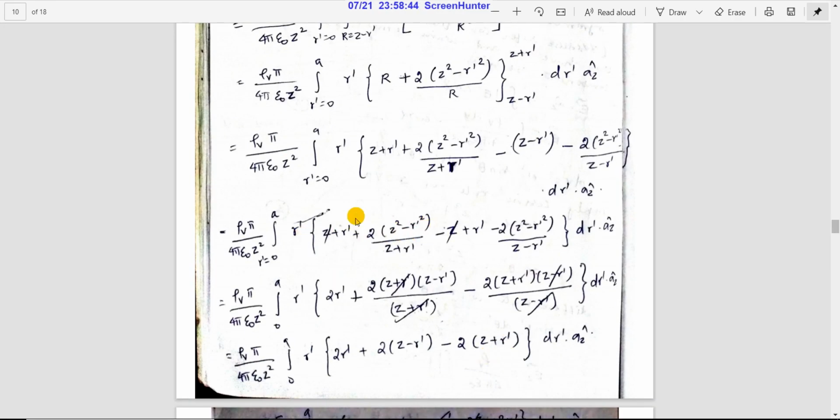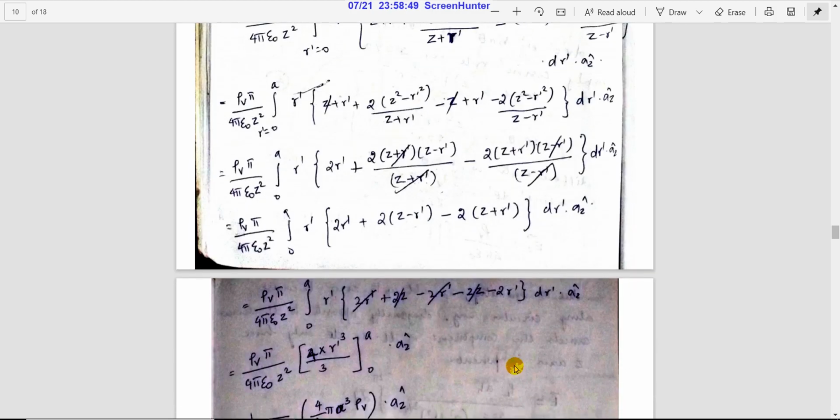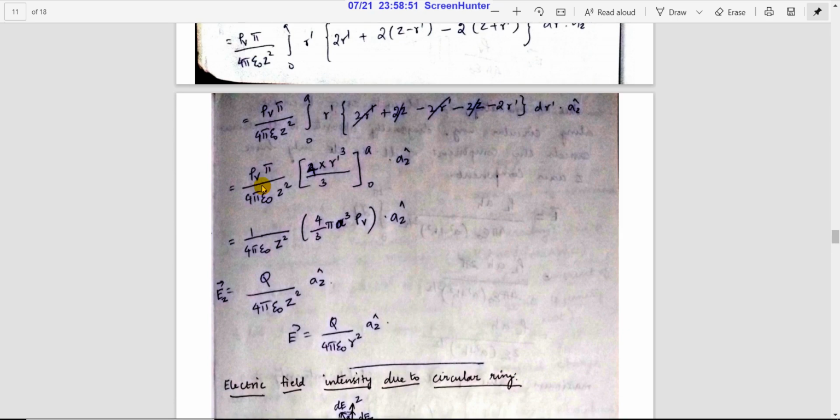After that, if you just rearrange and cancel the values, you will be getting the answer as rho v pi divided by 4 pi epsilon naught z square, 4 into r dash cube divided by 3. So your limits are going to apply from 0 to a. And if you just rearrange, you will be getting the value Q divided by 4 pi epsilon naught z square az cap. Thank you.